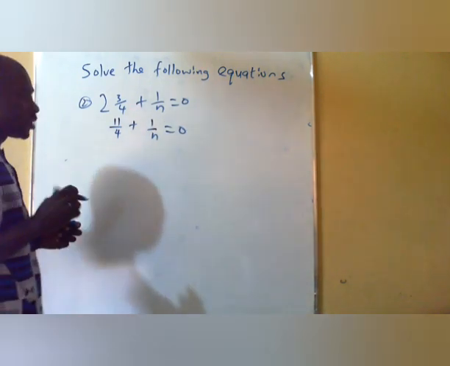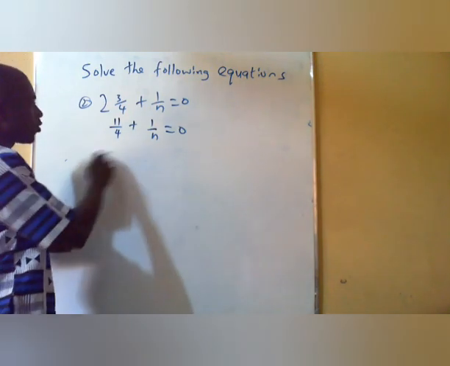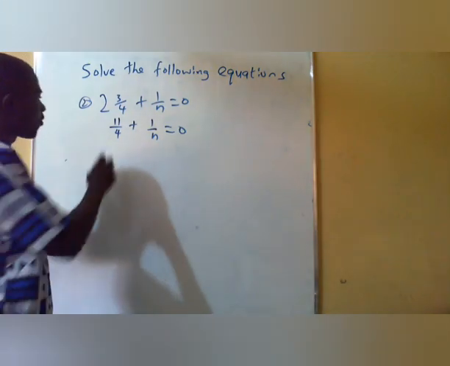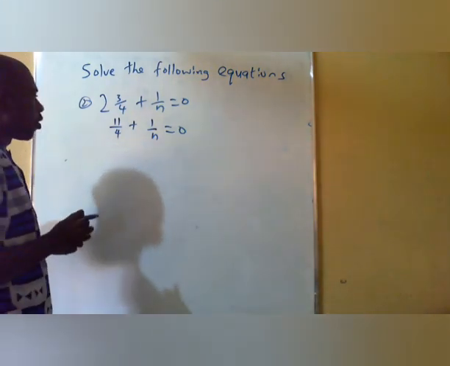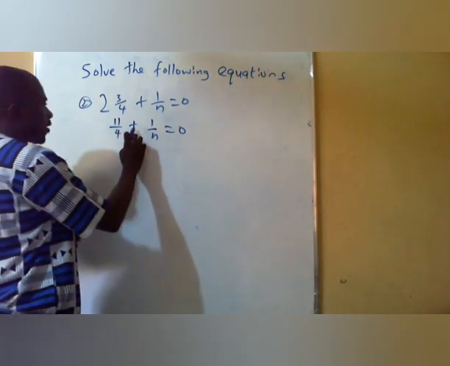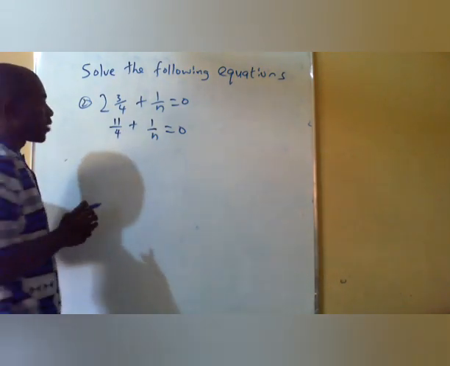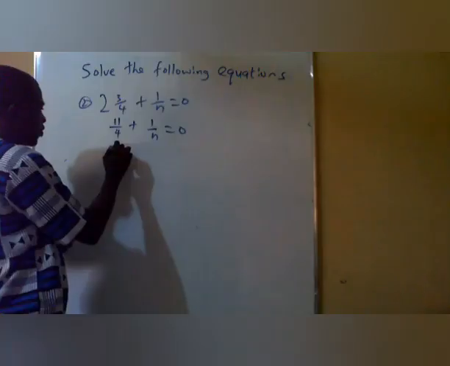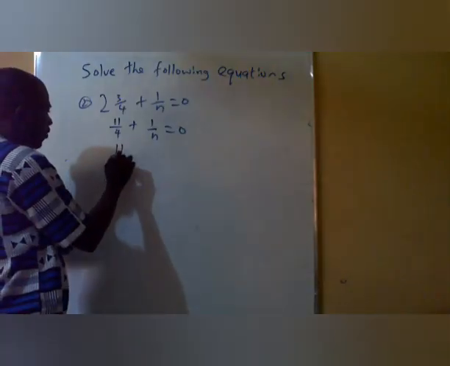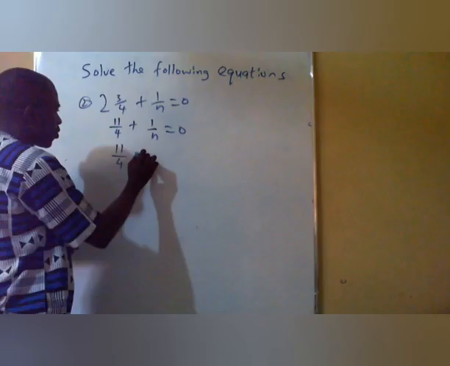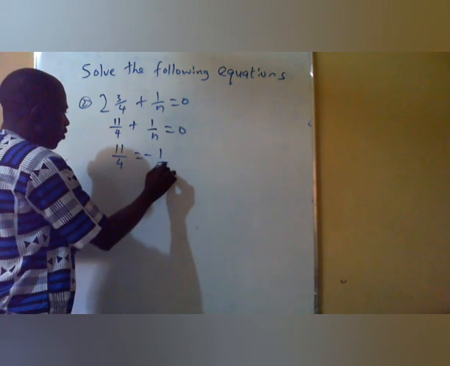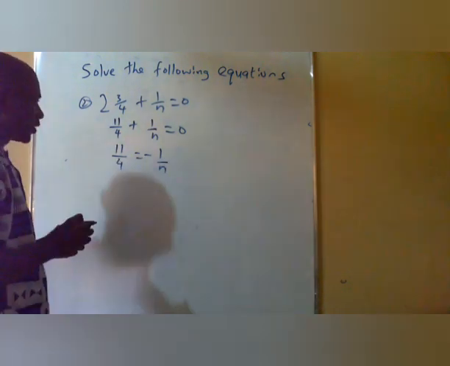Now to make our work easy, we look for the LCM of 4 and n, or we just simply transfer this plus 1 over n to the other side. If we do that, we have 11 over 4 is equal to minus 1 over n. So this one is very easy to do.